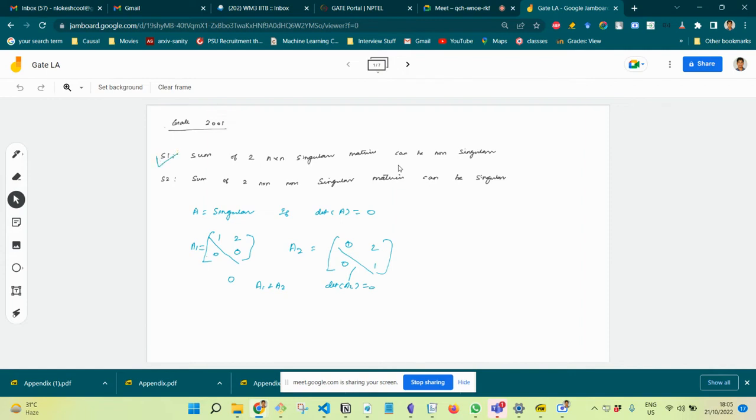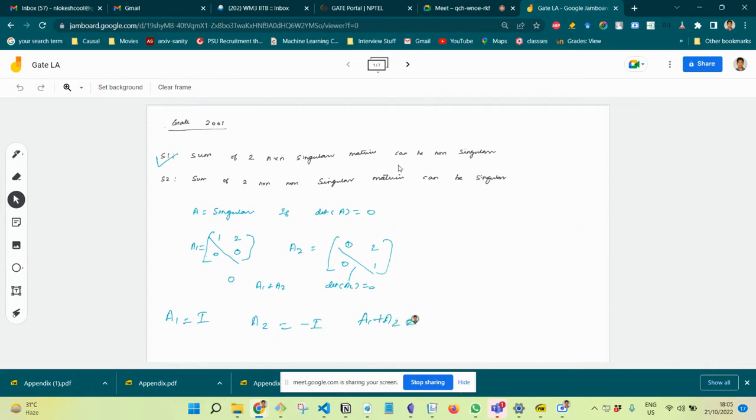Now, what are they saying in statement 2? Sum of two non-singular matrices can be singular. That is, you start with two matrices whose determinant is non-zero, but when you add them, it becomes 0 all of a sudden. That is in fact very easy to verify. Let's take A1 equals I and A2 equals minus I. Now A1 plus A2 will be equal to 0, and thus the determinant is 0.